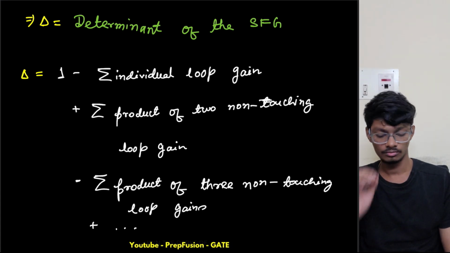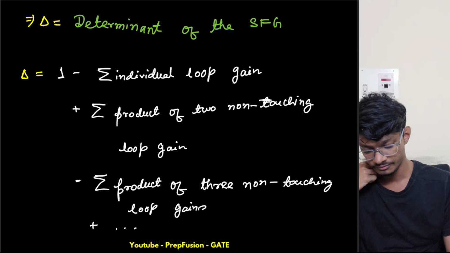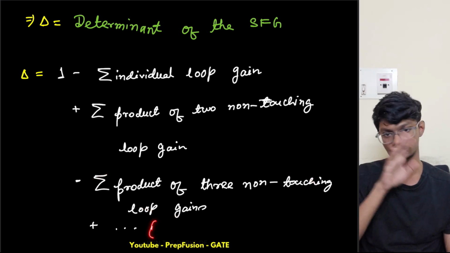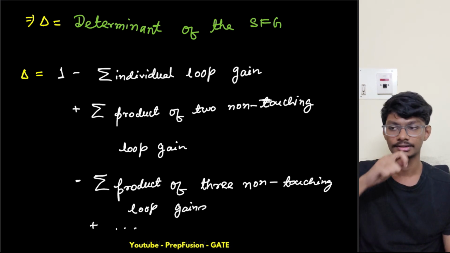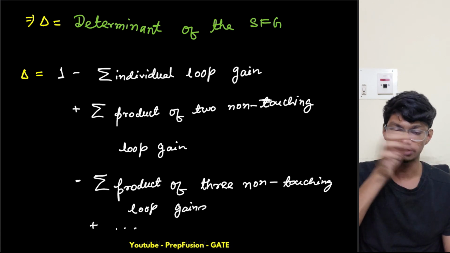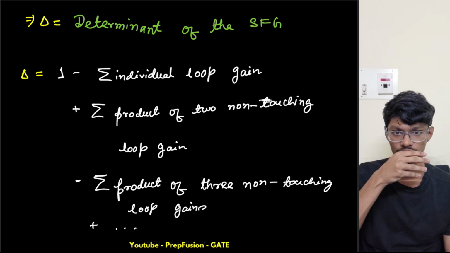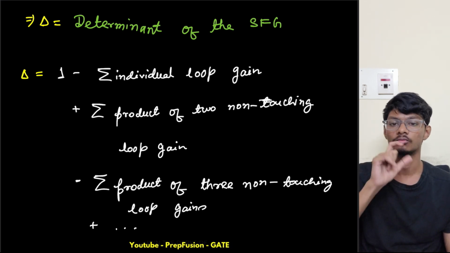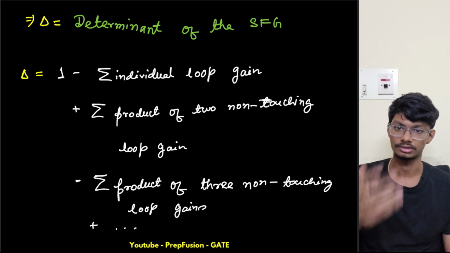One thing you have to keep in mind is, if this term is 0, then the terms after it will also be 0, because if there aren't any 3 non-touching loop gains, then there won't be any 4 non-touching loops. What do you mean by this? We'll do an example and there you will understand.